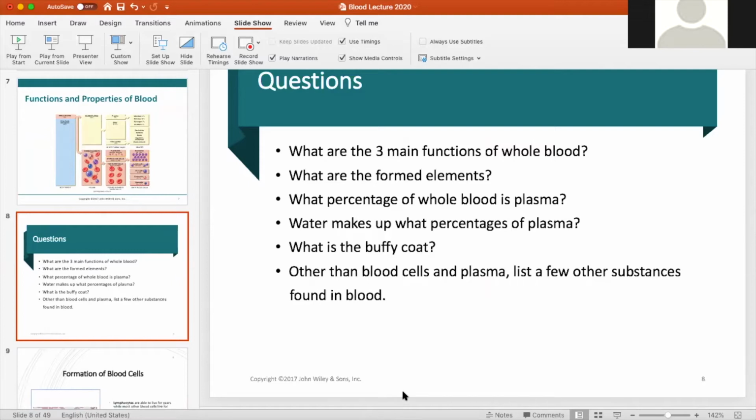See if this is going to work. Okay. So what are the three main functions of blood? So I'm going to go ahead and launch that poll. So what are the three main functions of blood?